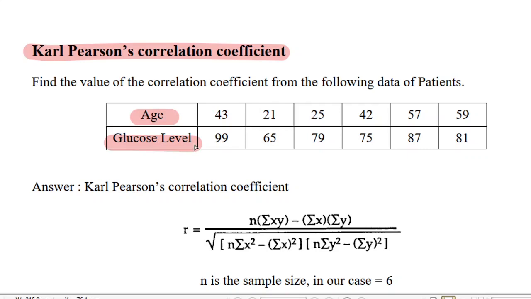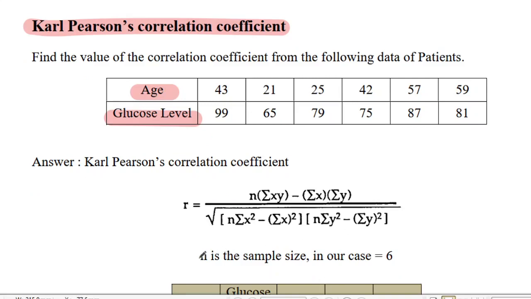Now we will calculate the Karl Pearson correlation coefficient with the formula r equal to n into sigma xy minus sigma x into sigma y, whole divided by square root of n into sigma x square minus sigma x whole square into n sigma y square minus sigma y whole square.